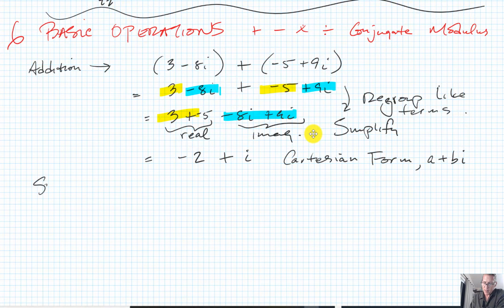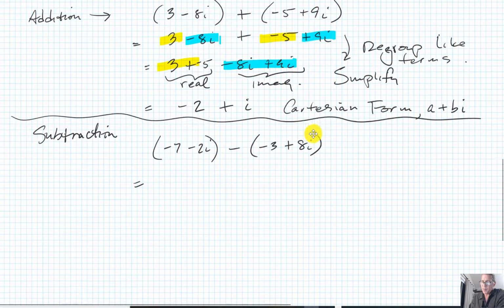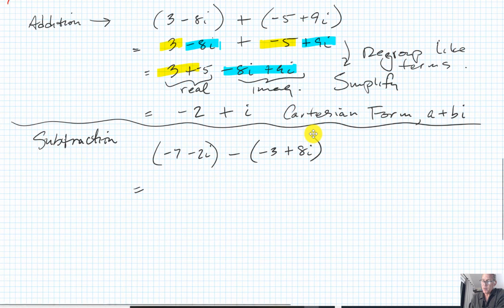Next, subtraction. Let me make up a number. Negative 7 minus 2i minus negative 3 plus 8i. When it comes to subtraction, the first thing you do is distribute through the minus sign.